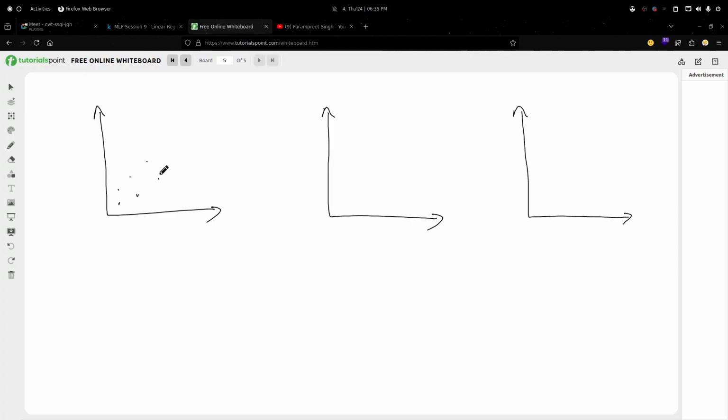Now in A only, let's take just these values. I'm trying to plot the same one. Normally, by looking at the data, you all said A, right? But the models cannot just visualize the data and tell us which is the best fit line.